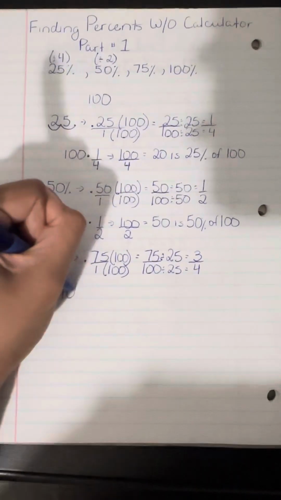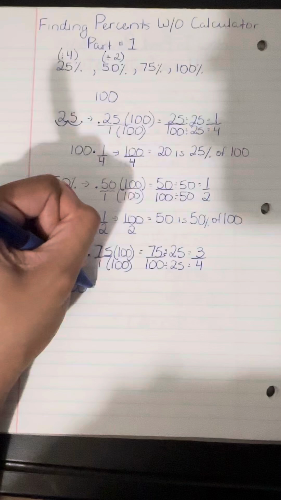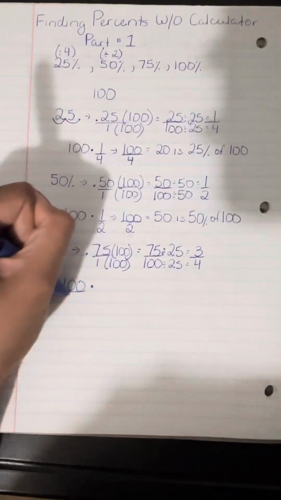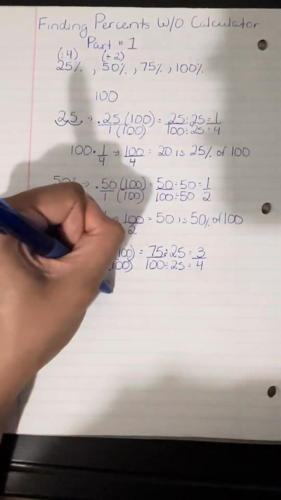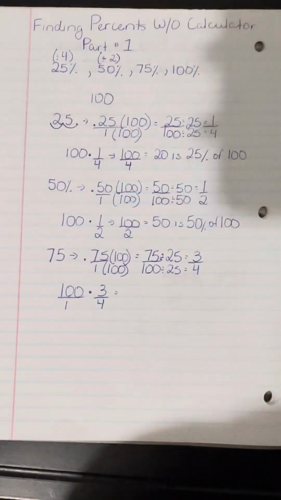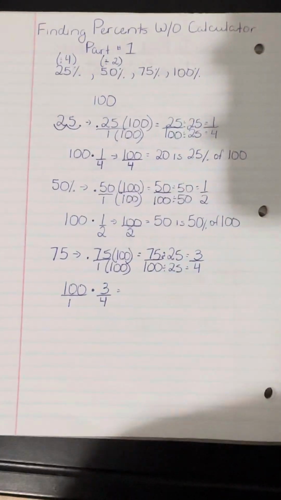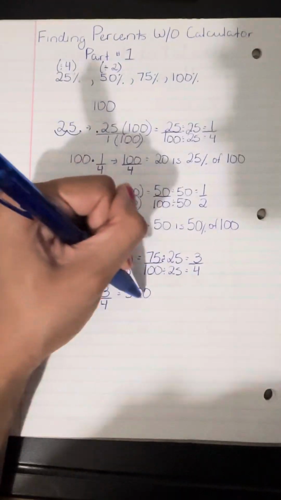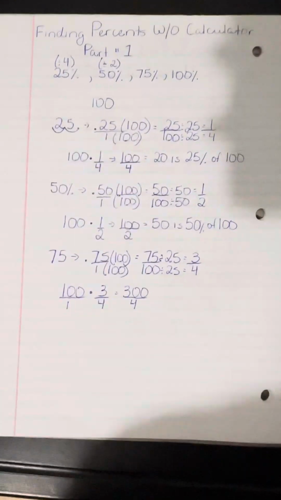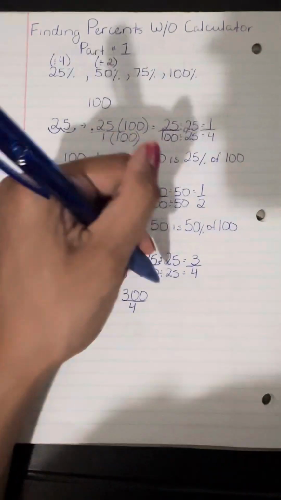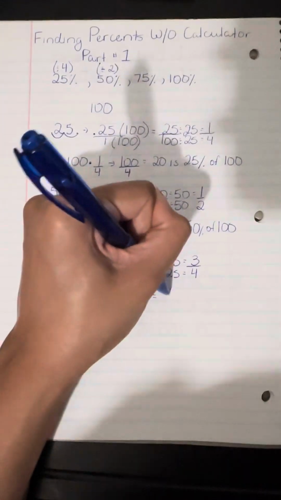So we're going to do 100 over 1 times 3 over 4, and we get 300 over 4, and 300 divided by 4 is 75.